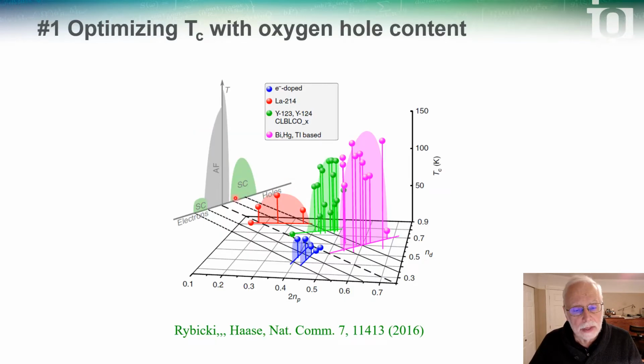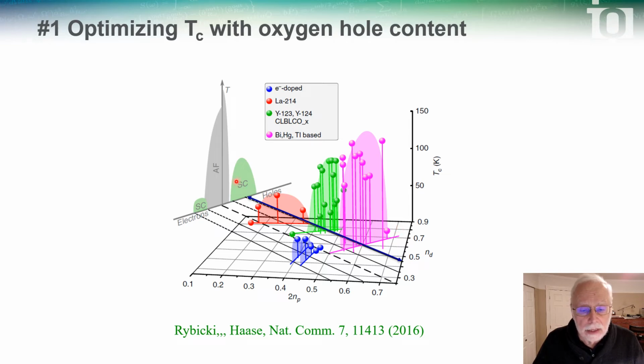In the background here, you see the famous phase diagram for high temperature cuprate superconductors. For a given hole concentration, the hole has a probability of being either on the copper, Nd, or on the oxygen, Np. You also see, as a function of temperature here, the superconducting domes for various families of materials that are superconducting.